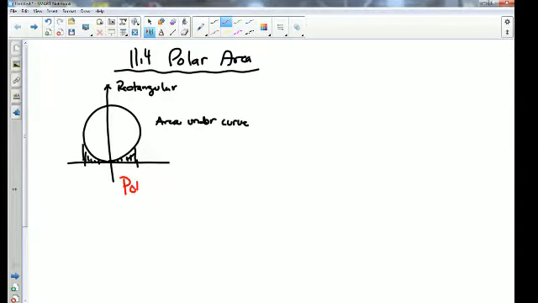But if we do this in polar coordinates, and let's just go from zero to pi, or pi over 2, whatever it is on this one.